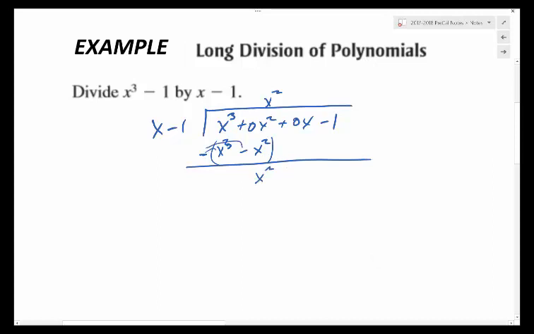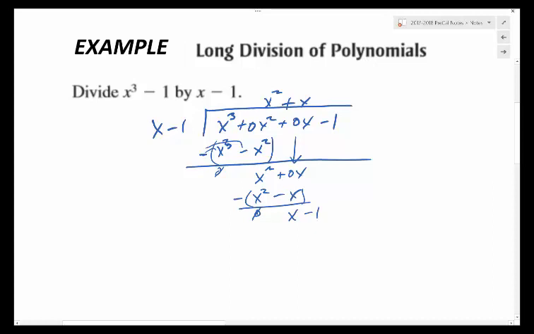So I'll have x squared, and I'll bring down 0x. Now I'm going to see what times x is x squared. Well, I'll have x. I will multiply it through to get x squared minus x. When I subtract that, once again, I get my 0 here, my 0 here, and now I get x minus 1.